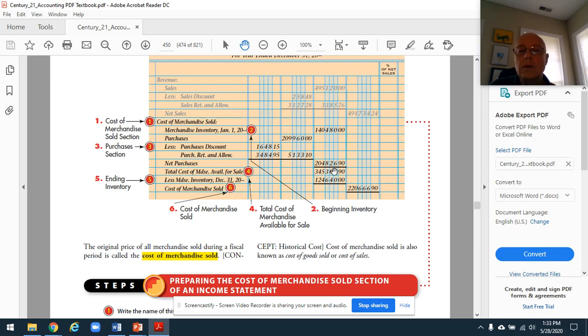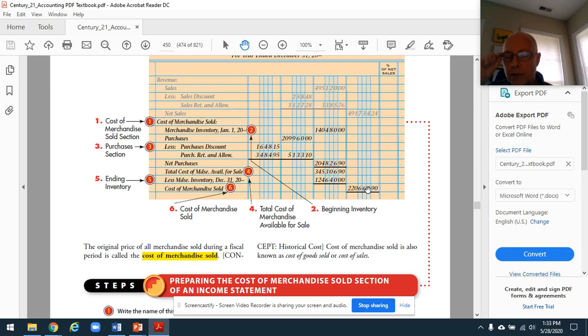So the total amount that we had starting, plus the amount that we bought, minus the amount we have right now sitting on our shelves in our warehouse on December 31st, equals the total cost of merchandise sold. This is what we paid for everything that we sold through the course of the year. Now think about this.